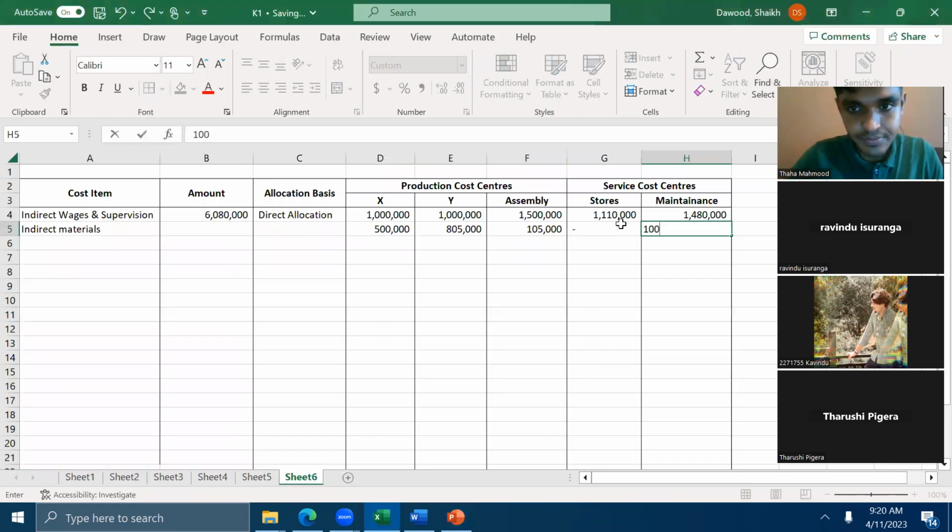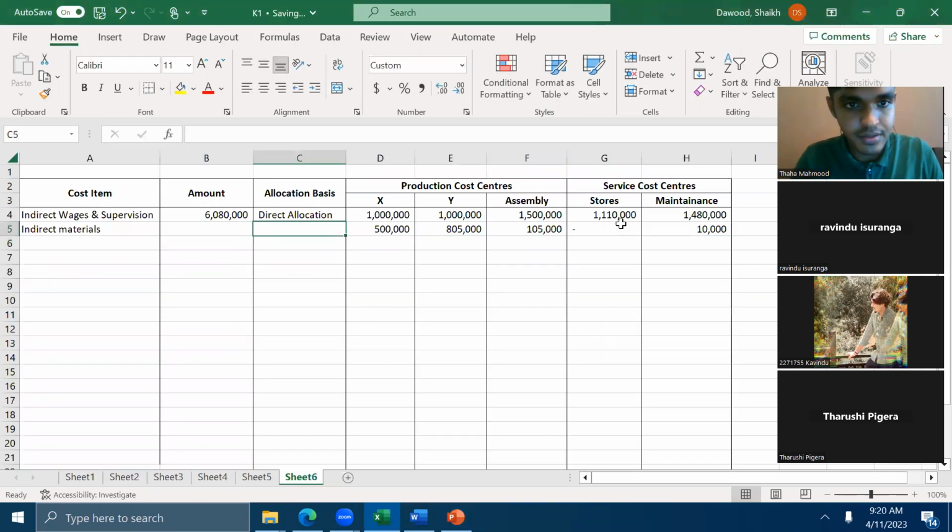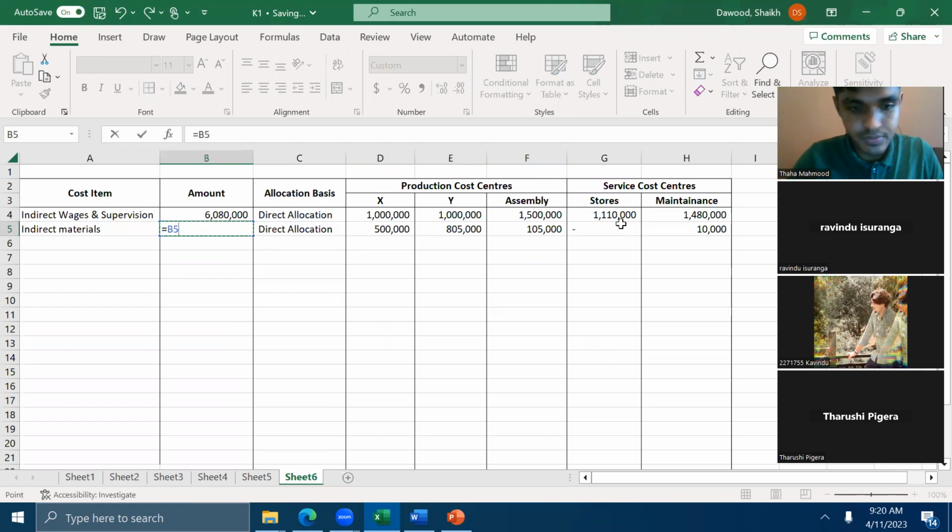Okay. This is also direct allocation and this is equal to this.